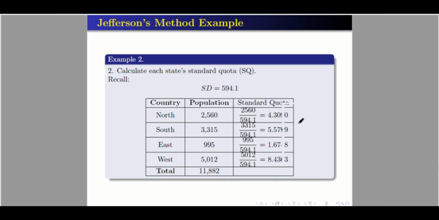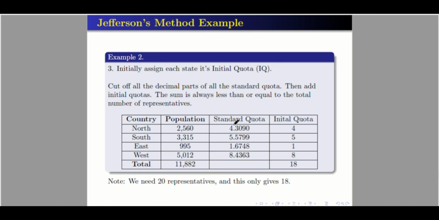And step 3 is just to cut off the decimal places. So we have 4, 5, 1, and 8. And again, that is 18, so we are left with 2, because we need to distribute the 20 seats.